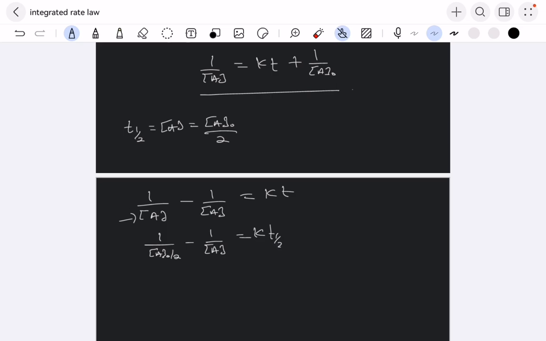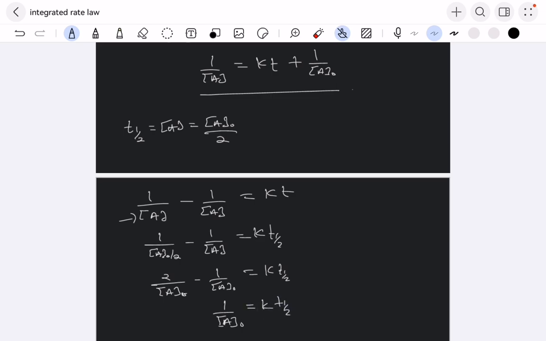So this simply means 2 over A naught minus 1 over A naught is k t half. When you do the math, it remains 1 over A naught equals k t half.